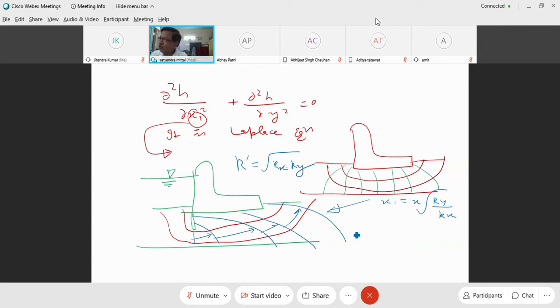So for such situations, we can say that q is equal to square root kx ky into h into nf upon nd. So this is the discharge for the soils in anisotropic condition, where it is not the isotropic soil condition, it is anisotropic, meaning two different permeabilities in different directions.